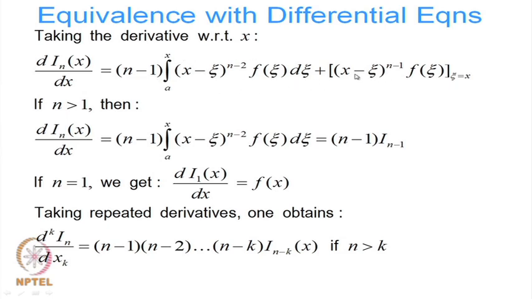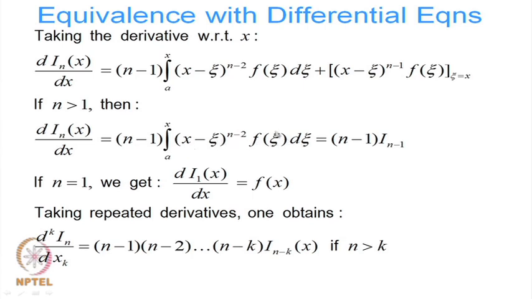So I have these two terms, and if n is greater than 1, you can see what's going to happen. At xi equal to x, this term is going to go to 0, and I will be left with (n-1) times the integral from a to x of (x - xi)^(n-2) f(xi) d xi.